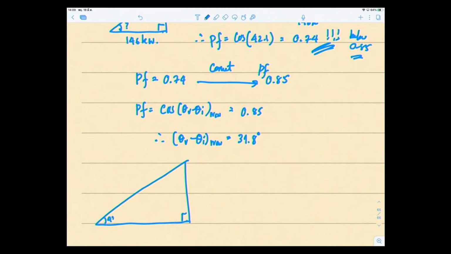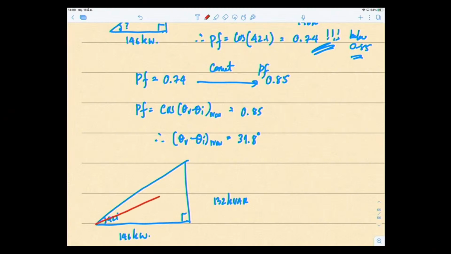This is 42.1 degrees, and this is 132 kVAr, and this was 146 kW. These were the three loads. But now I want PF of 0.85 and the angle is only 31.8, so the angle is lower than 42.1.